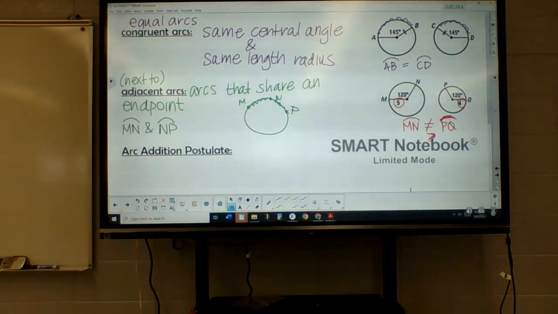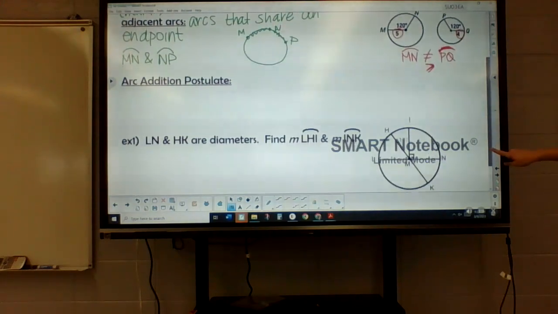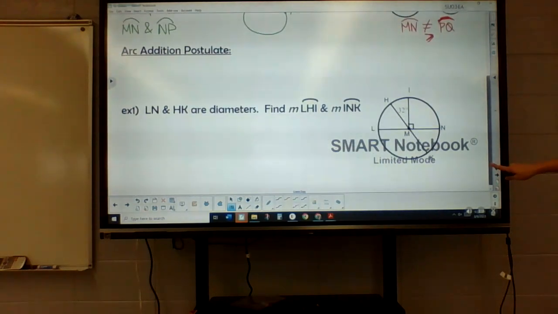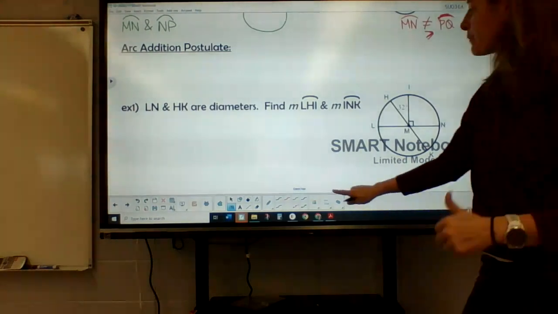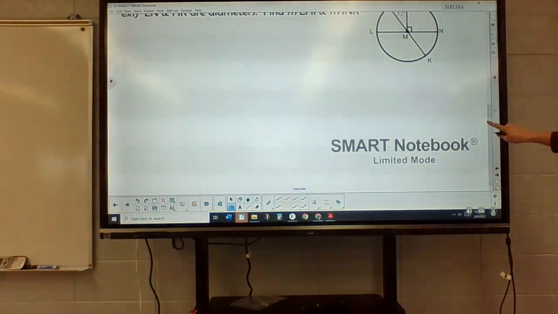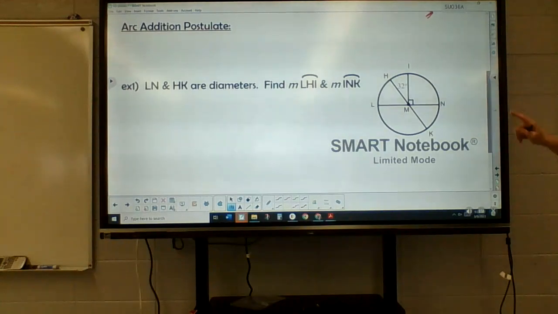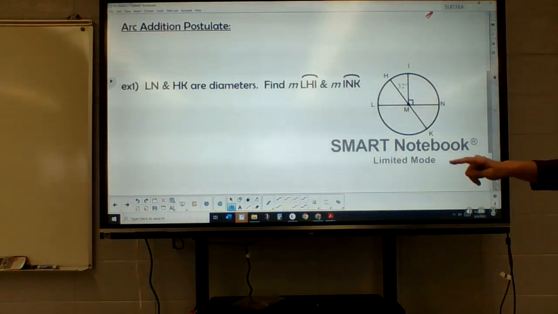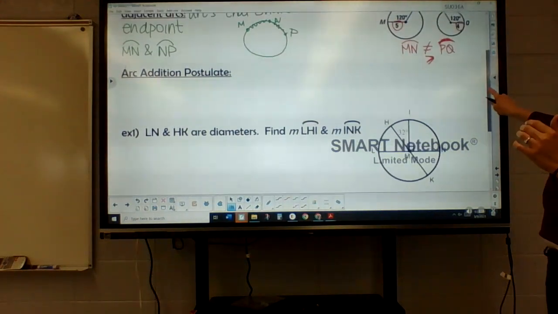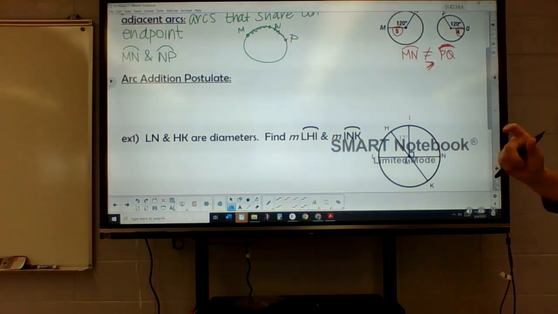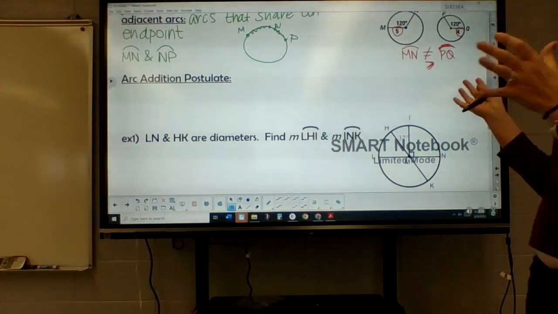And then our last question here, and kind of getting into some algebra with it or figuring out some different measurements. I guess we have one more thing we have to discuss. The arc addition postulate is basically, I'll go back to this example to help me with this, is that I can add those arcs together and we can assume they add up.